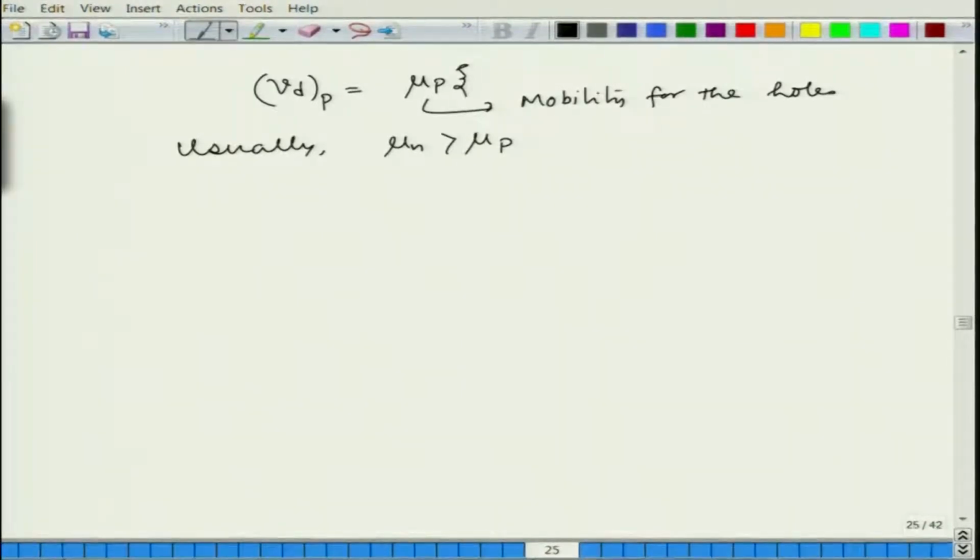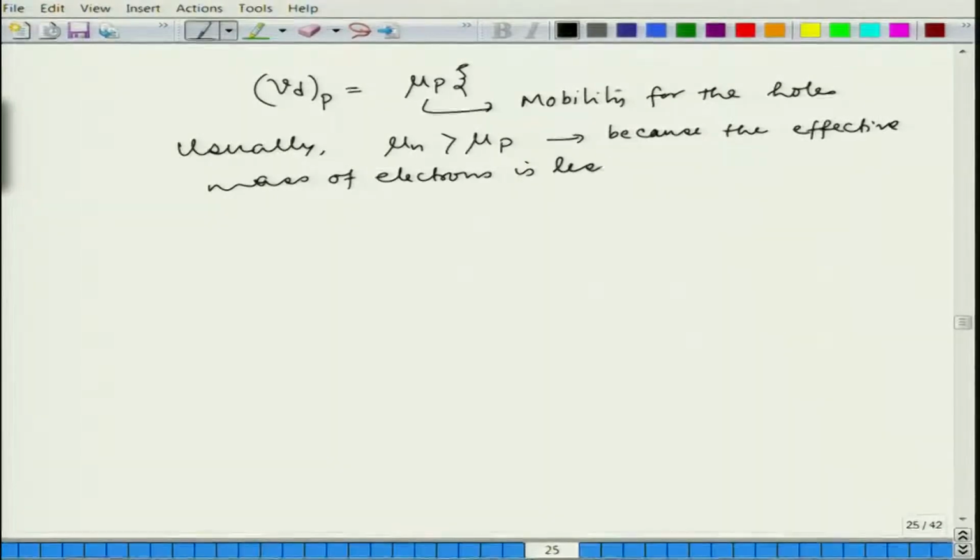The mobility for electrons is more because the effective mass of electrons is less.